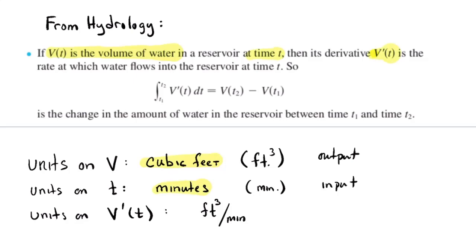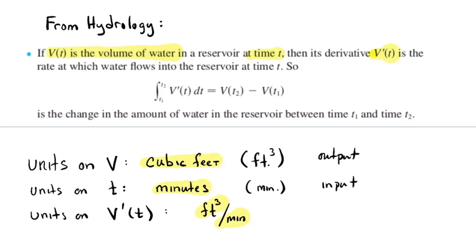And the units on a rate of change are always units of output per unit of input. So the units on V prime are just cubic feet per minute. If you're a whitewater rafter or something like that, you look at Trinity River flows, you're used to these units, or sometimes even cubic feet per second, right? CFS is typical, but I'm going with cubic feet per minute here, filling this reservoir.